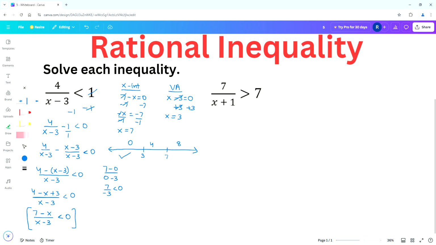Next, we can sub in x as 3. At x equals 3, the expression becomes undefined, so x equals 3 does not work. Next, we can sub in x as 4.